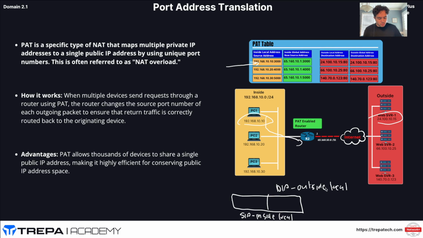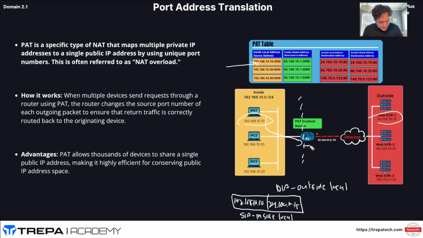Essentially, the source IPs are inside local when the packet is inside our network, traversing our LAN. This is what the packet looks like: it has my private IP, and the destination IP is called the outside local, because it's our outside address, but it's still local. That packet's still local inside of us, okay?